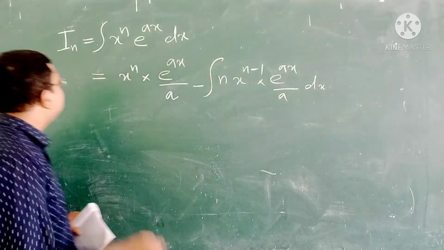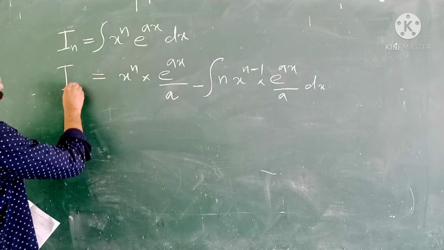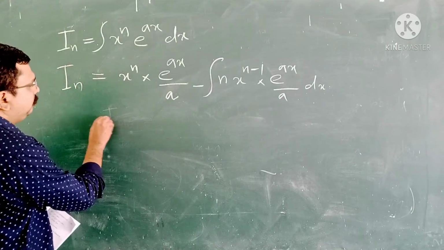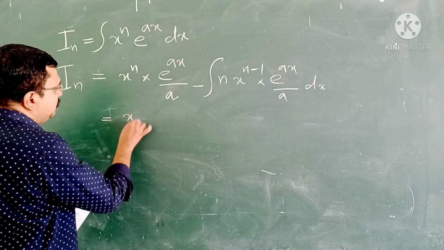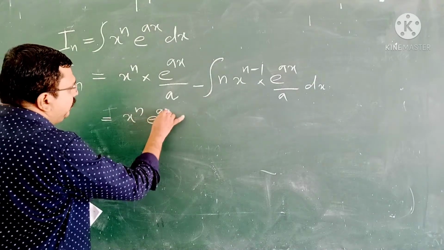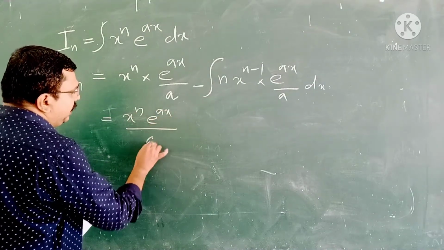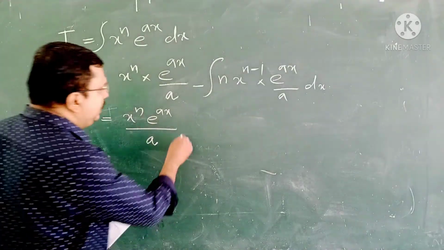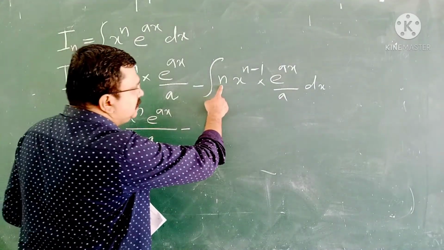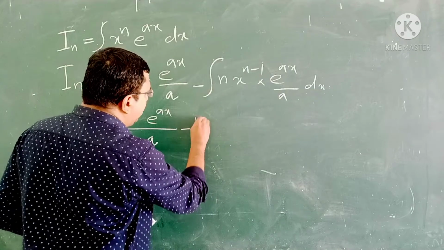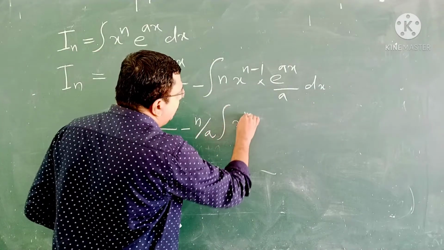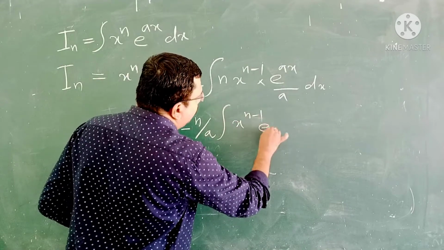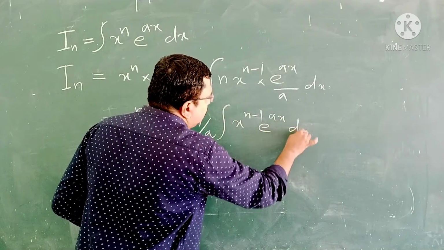Okay, that is our In, which can be written as x raised to n e raised to ax divided by a minus, this n by a can be taken outside, n by a into integral x raised to n minus 1 e raised to ax dx.